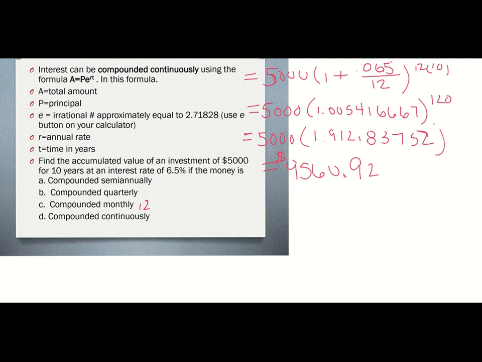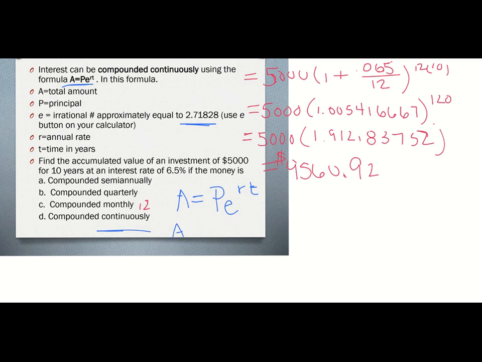So our last one we're going to do is continuously, and with continuously, you are going to use the formula up here, A equals P times E to the RT power, and E is an irrational number approximately equal to 2.71828. There is an E button on your calculator that you will use.